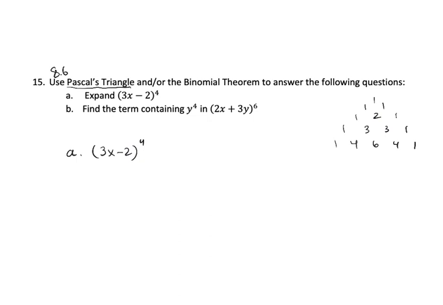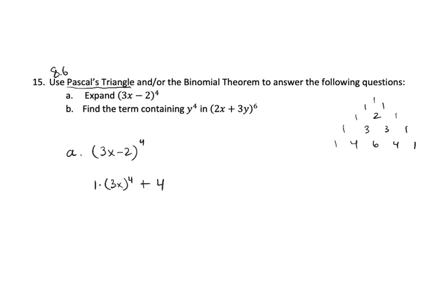So for the first term, we're going to have a coefficient of 1. And then we have this term to the 4th power. And remember that everything here needs to be in a parenthesis. And technically, we also have this term to the 0 power, but that's just 1. And the next term is going to have 4 as a coefficient.